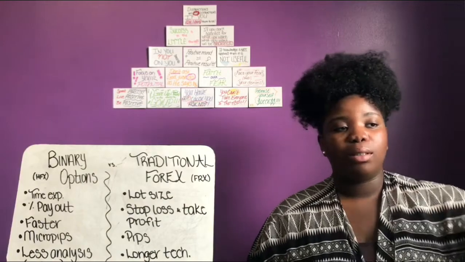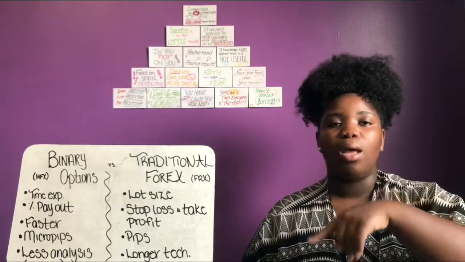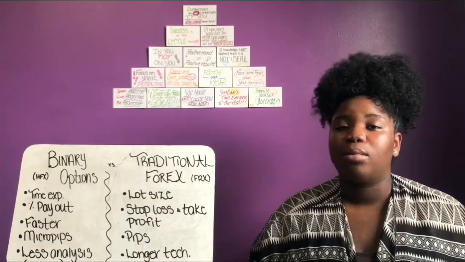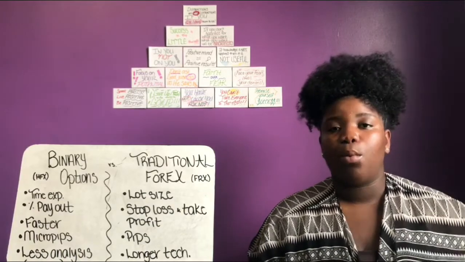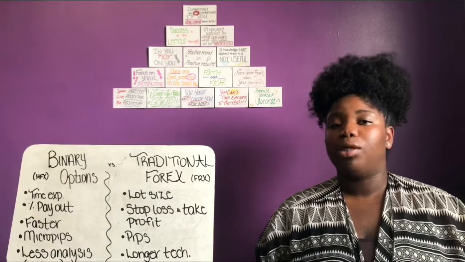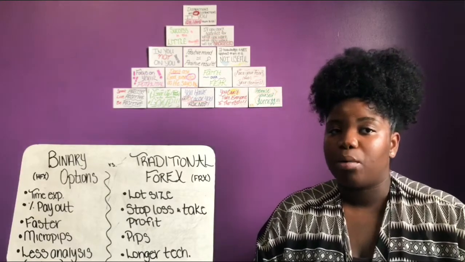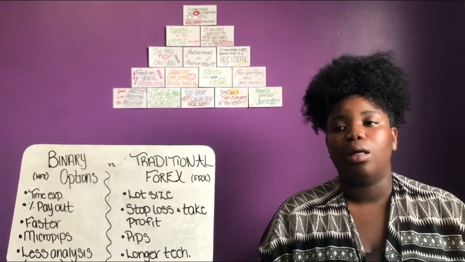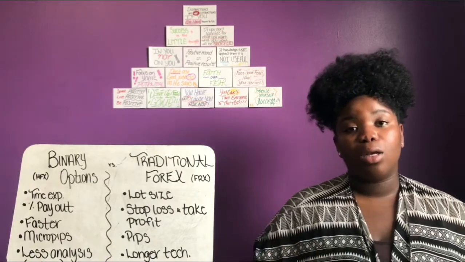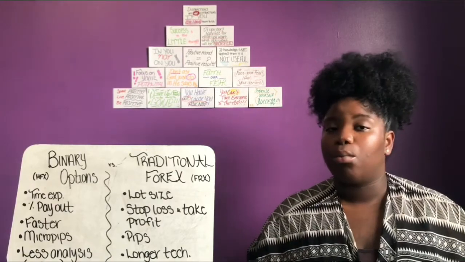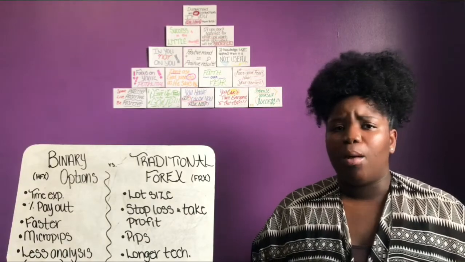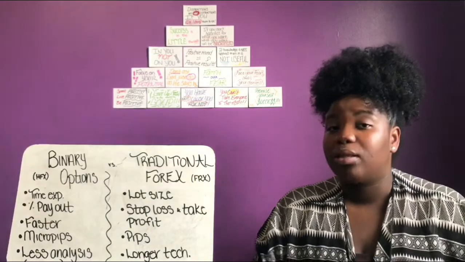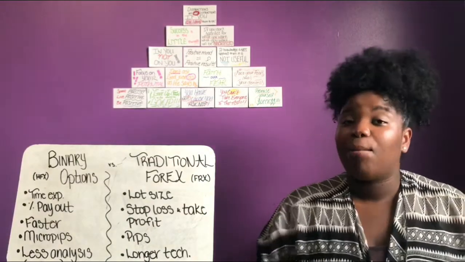In binary options, it just moves up and down, and it's pretty visible, even though it's best to use the apps that we have in the academy to determine when to buy or sell. It's less analysis because you don't have to draw all the lines, and you don't have to wait for a head and shoulders formation or a bullish pennant or something like that. So those are the main differences between traditional Forex and binary options.